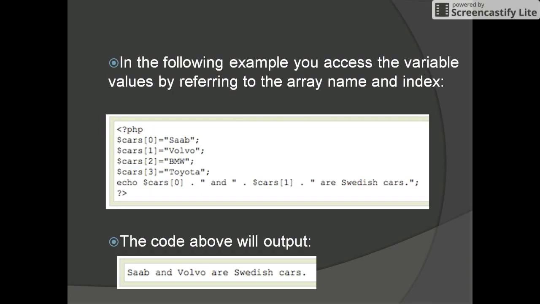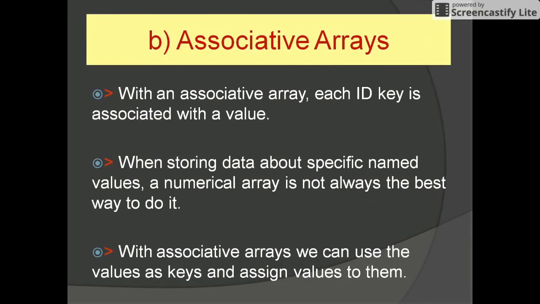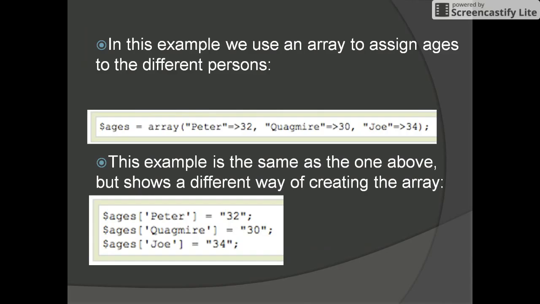Similarly, we can retrieve a value from an array in a similar manner as in other scenarios. The associative array contains key-value pairs, and for each ID we can assign a data type. For example, 32 is assigned to Peter, and 32 is stored with Peter.